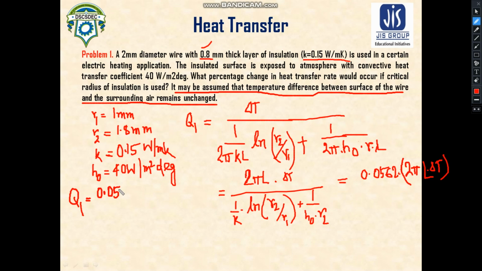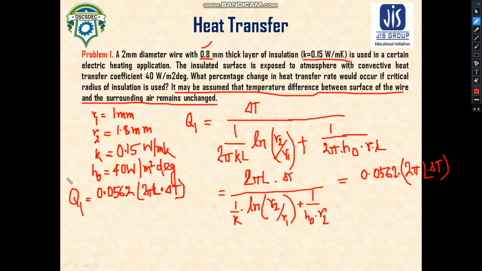So 0.0562 into 2 pi capital L delta T. Let us use the capital L because we are using that.